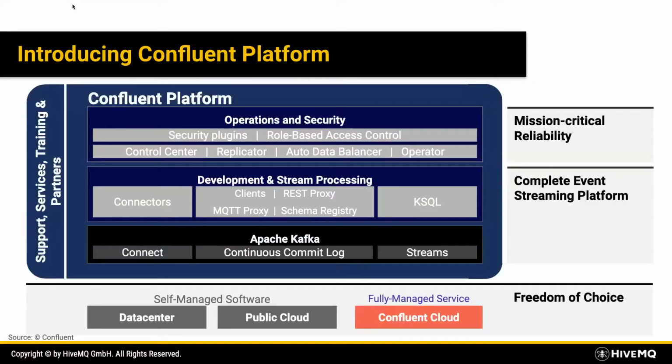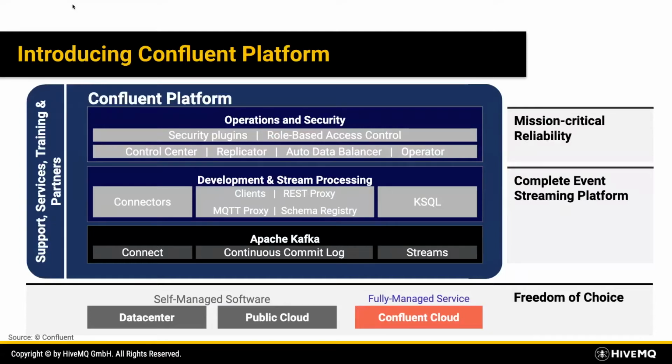Now, similarly to our approach, the Confluent Kafka approach also comes with a portion of open source services and then enterprise services on top of that. So the dark black part, which is really the Kafka protocol itself, is free of charge.